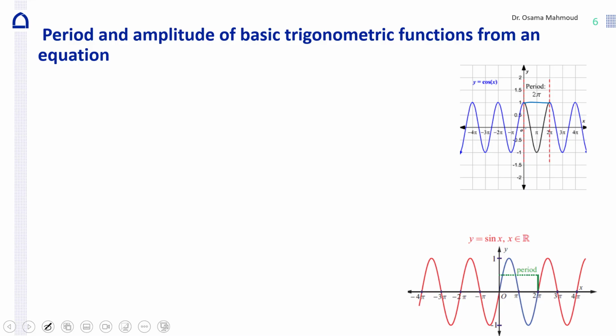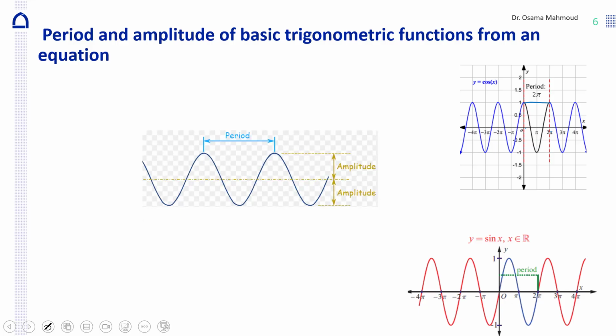If I start from 0 to 2 pi, I find from 2 pi to 4 pi, I have the same shape, right? What about the height of this function, or the y absolute value? So -1 to 1 is the amplitude. So the amplitude is the height of the function. The period is where the function is repeated.